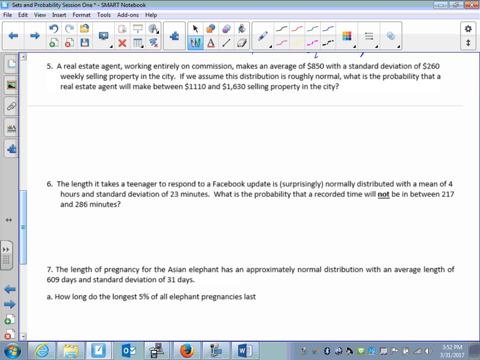All right, so let's take a look at the standard normal curve. Now we've got 850 right here as the average. 1110 would be here, and 1630 would be somewhere over here. And what we're interested in is the area of this region, because we're asked for the probability that the agent will sell somewhere between those amounts.